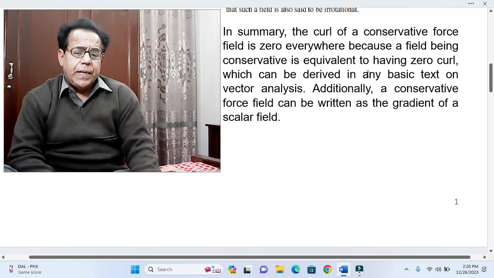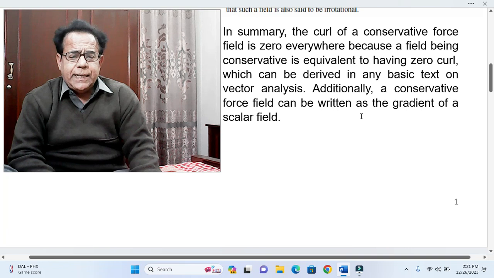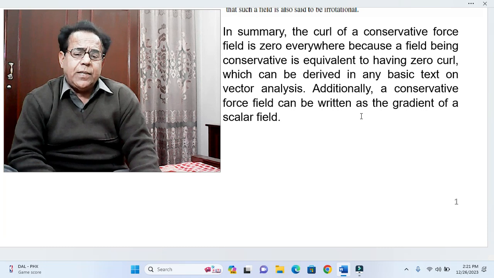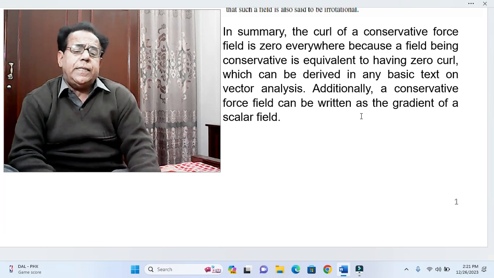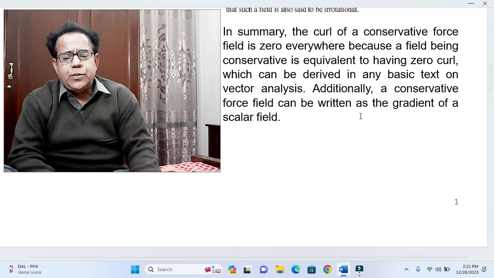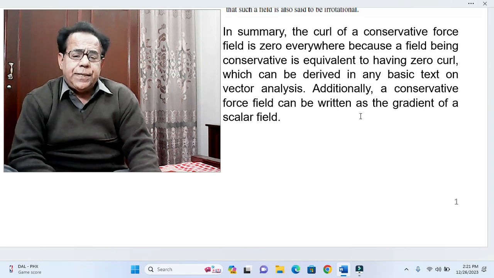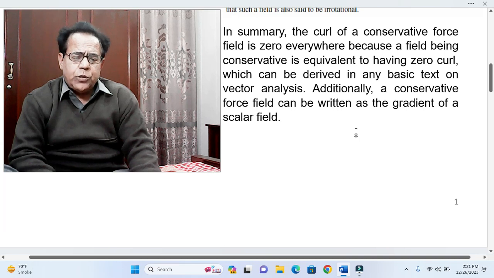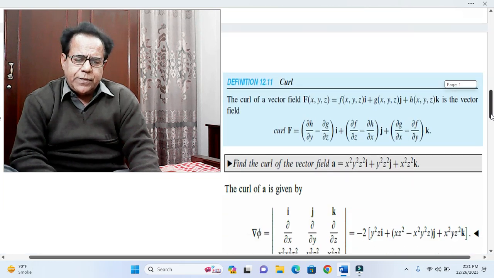Wikipedia says, in summary, the curl of a conservative force field is 0 everywhere, because a field being conservative is equivalent to having 0 curl, which can be derived in any basic text on vector analysis. Additionally, a conservative force field can be written as the gradient of a scalar field.